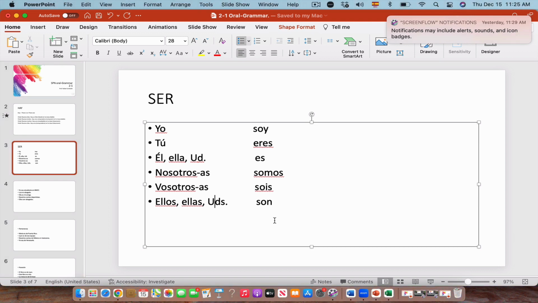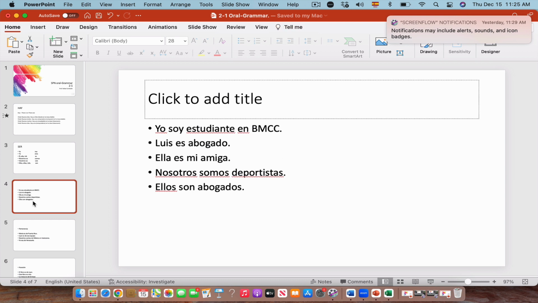And then remember, if you want to say they are masculine, ellos son. If you want to say they are all feminine, it will be ellas son. And if you want to say you, referring in a formal situation to more than one person, you would say ustedes son. Okay?